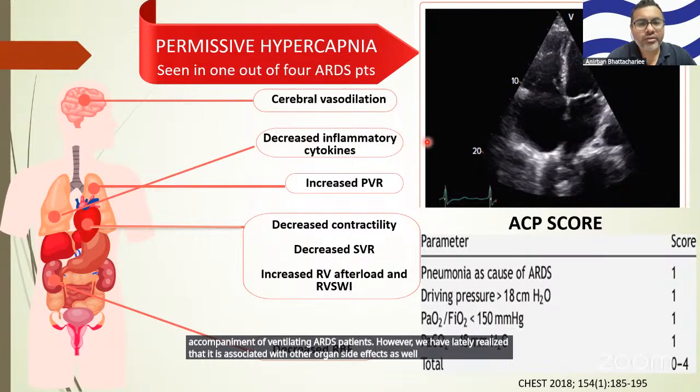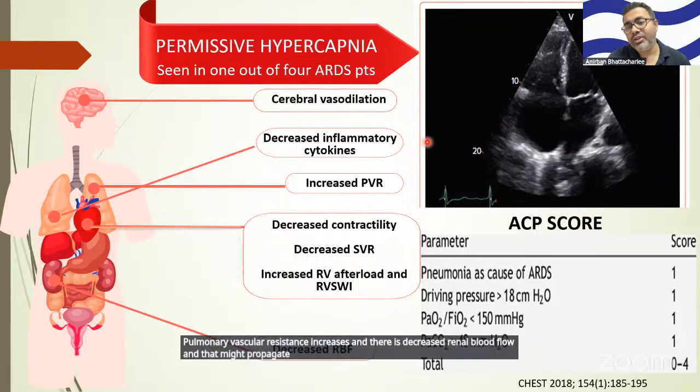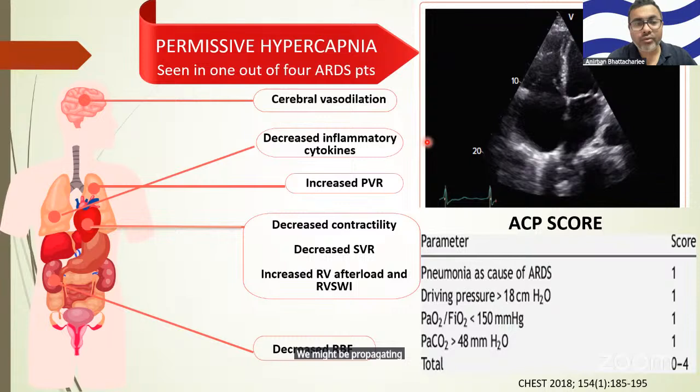So, there is cerebral vasodilation, then pulmonary vascular resistance increases, and there is decreased renal blood flow, and that might propagate acute kidney injuries. Most importantly, about 25% of patients of severe ARDS might also have an associated acute right ventricular failure. So by allowing permissive hypercapnia, we might be propagating the acute right ventricular failure and shock in those patients.